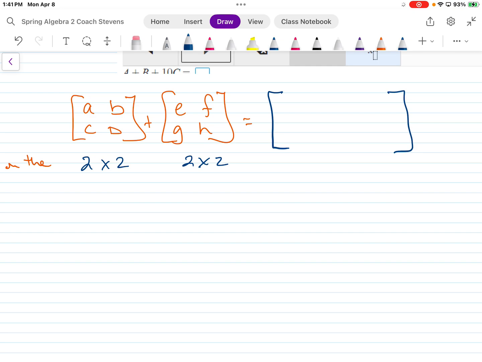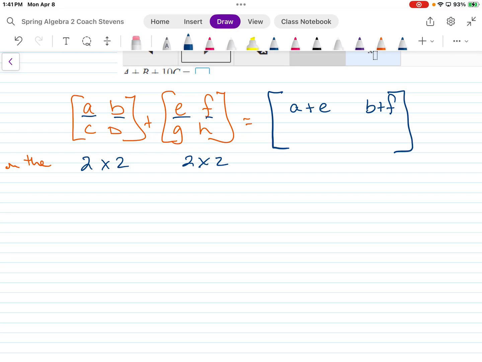For example, A and E are in the top left corner of their matrices, so in the top left corner of our answer matrix, I can do A plus E. I take what those two things are and add them together. In the top right-hand corner, we have B and F, so to get the top right-hand corner of my answer matrix, I would just add B and F together.